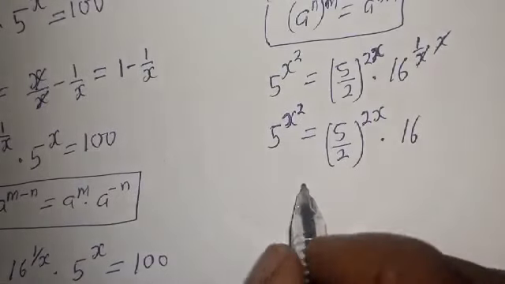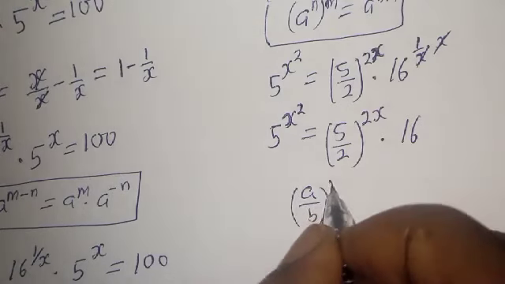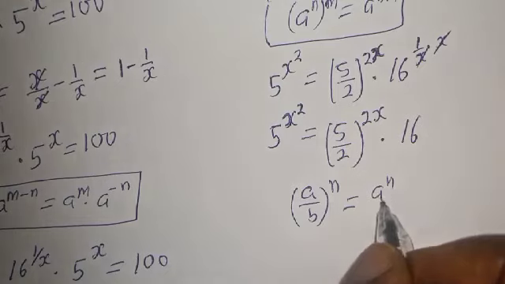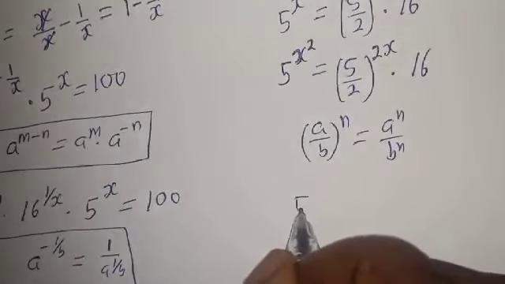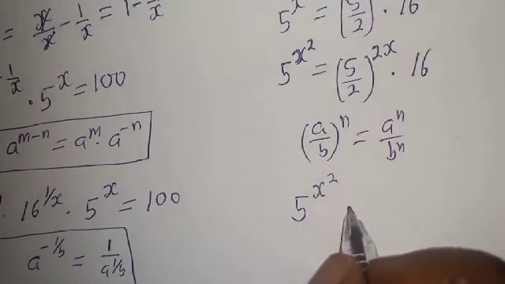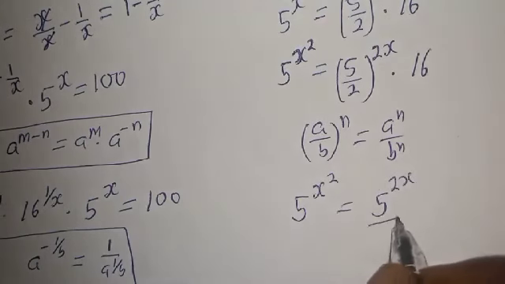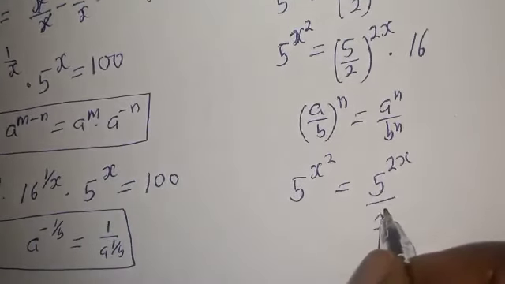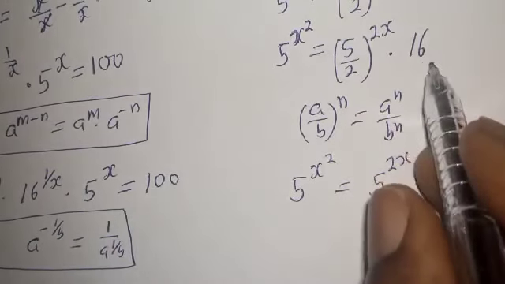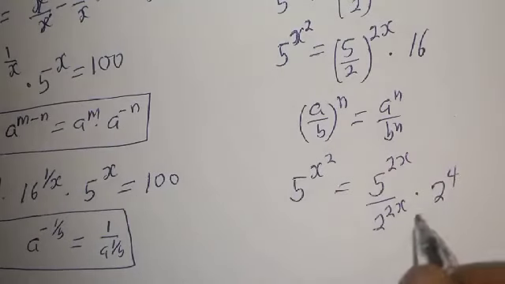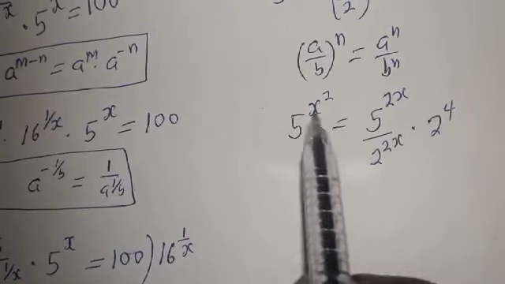Now also take note of this rule that if you have a over b raised to power of n, this is equal to a raised to power n over b raised to power n. Then this is 5 raised to power x squared is equal to 5 raised to power 2x over 2 raised to power 2x multiplied by 16, which is the same thing as 2 raised to power 4. Then this is, so let's consider the same base.